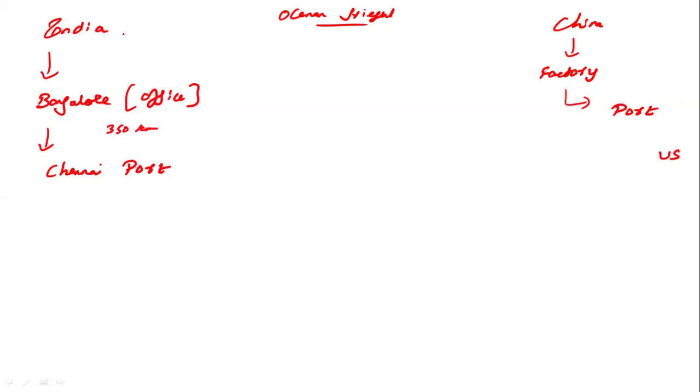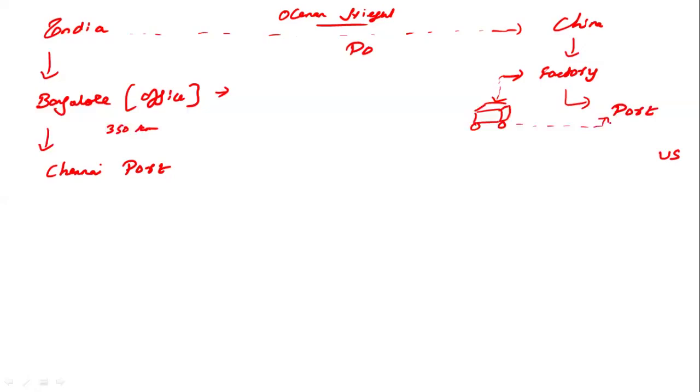Now we are going to send a purchase order from our branch to China. The material is getting manufactured in this factory and they keep it ready. Now, if they want to ship the material from the China factory to Bangalore, first they are going to arrange a truck from this factory to the port.